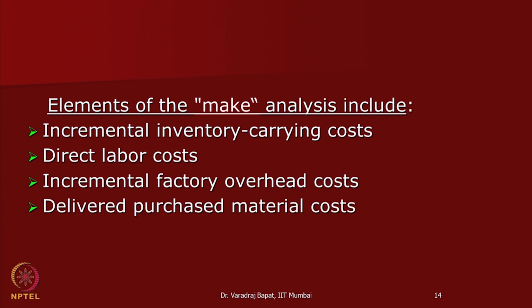So, that factor becomes important. Then direct labor costs become important, because being a direct cost, it is variable in nature. Then is there any incremental factory overhead? Then what about the delivered purchase material cost? Does it require any transportation costs? These factors will be considered for the make or buy decision.